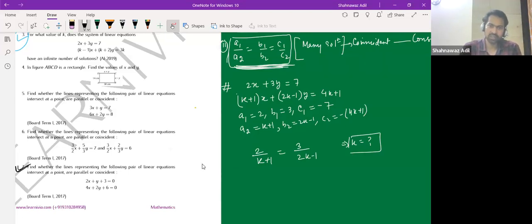Harshit is getting 7. Abir is getting 5. So one of you guys is wrong. Let us confirm this. Shaima, Amira, Shreyash, you don't solve, you just watch.